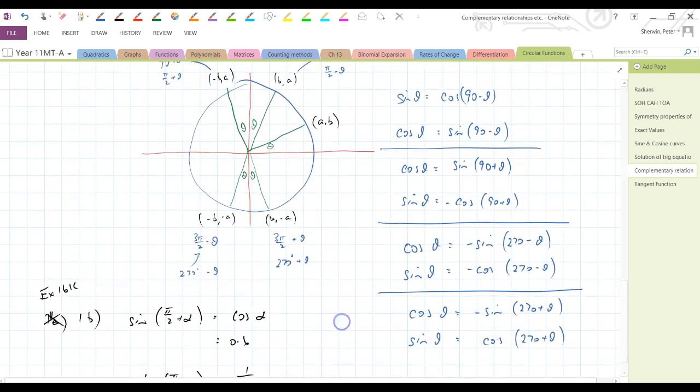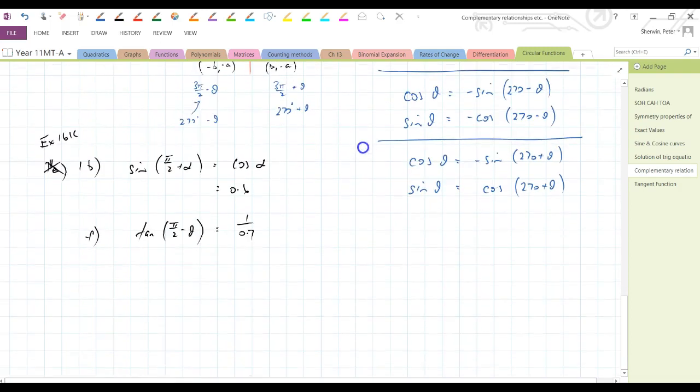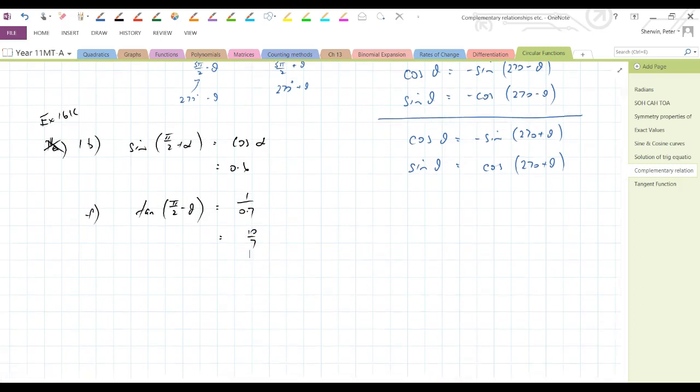I'll just repeat that. We're after A on B because we want tan of 90 minus theta. We're given tan theta is 0.7, so that means B over A is 0.7. We want A over B, so we want the reciprocal of 0.7. So 1 over 0.7 is 10 over 7. So that gets through F.